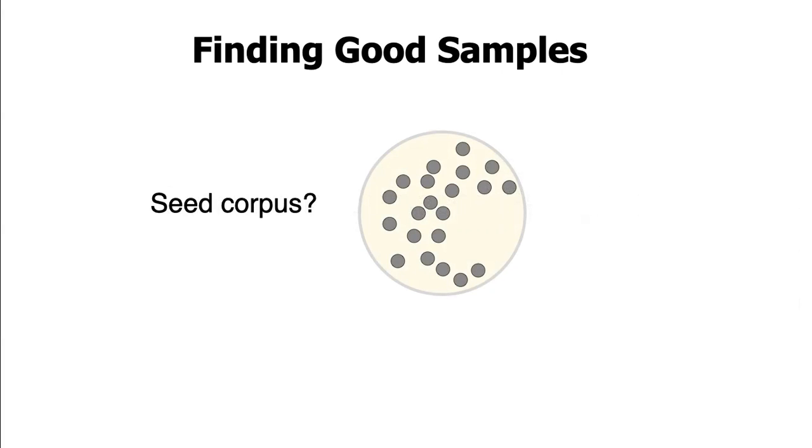The issue is that when we exclusively rely on seed corpus, the variety of inputs that we can produce is determined by the variety of the seed corpus. This can lead to blind spots. So we cannot really exclusively rely on seed inputs. So what should we do?